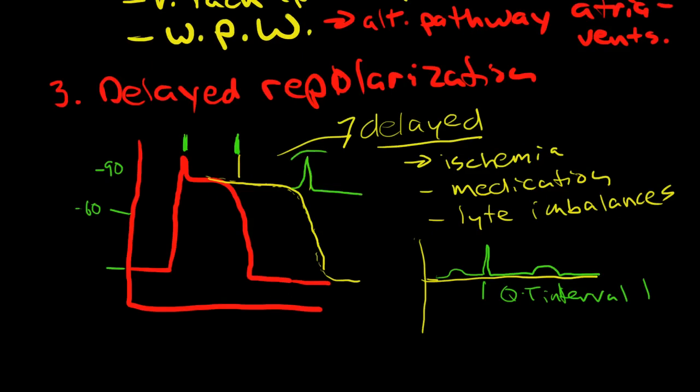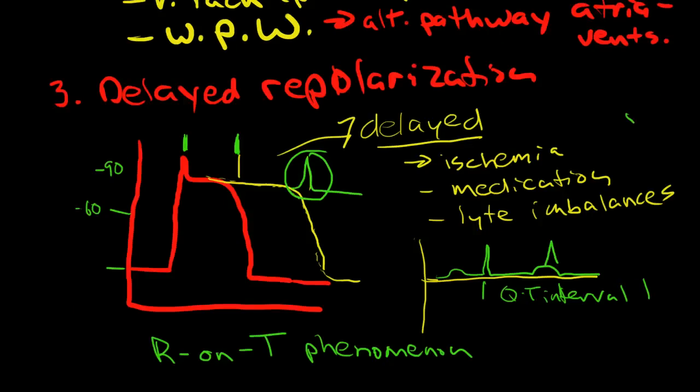Now this is what's called an R on T phenomenon, where if you have an R wave that starts here on the T wave, it can trigger a tachycardia. R on T phenomenon. Now what happens is, remember, these cells are hyperexcitable because they're already partially depolarized. So you end up having this R on T phenomenon around a whole bunch of other hyperexcitable cells.